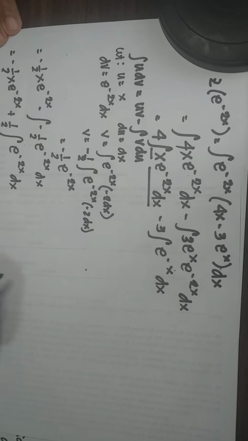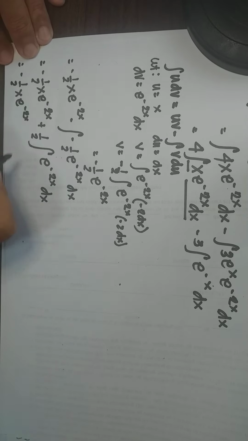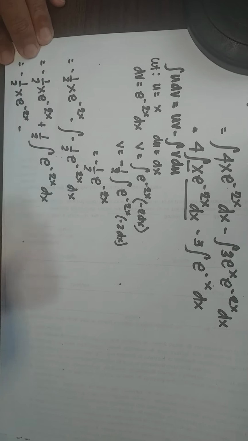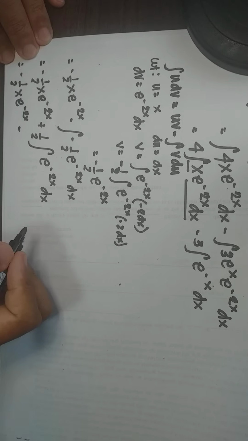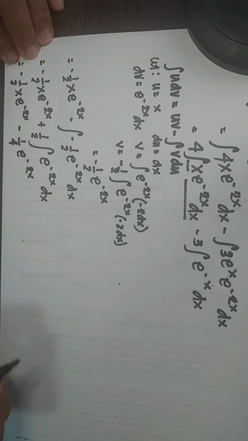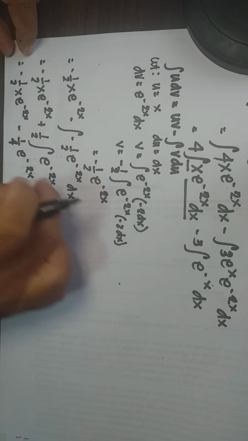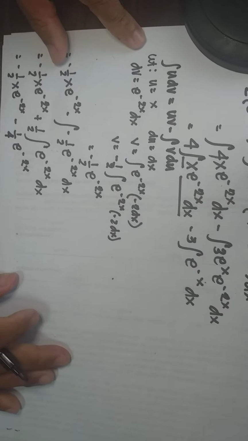So we have negative 1/2 x e to the negative 2x minus 1/4 e to the negative 2x. So that'll be the integral of the first part. Okay?